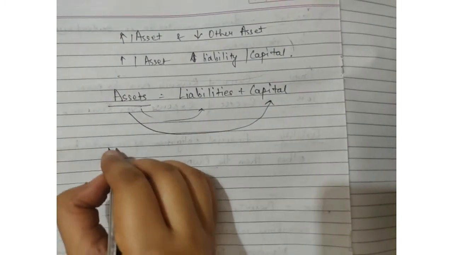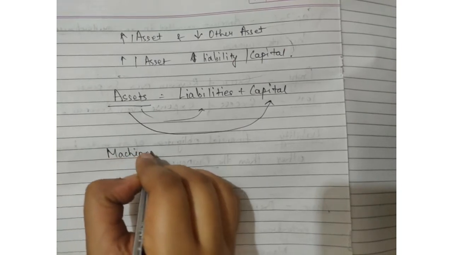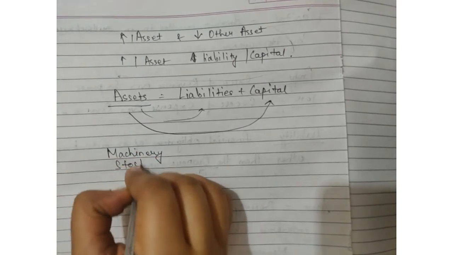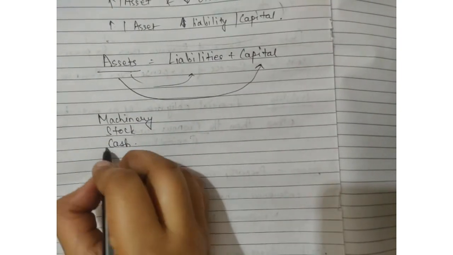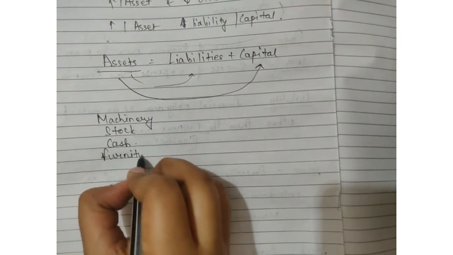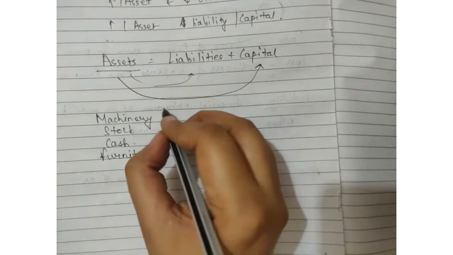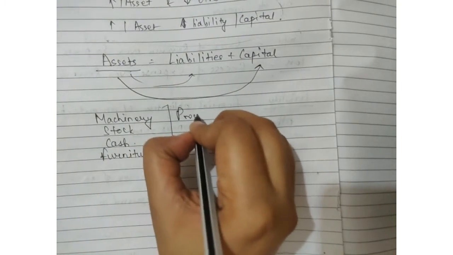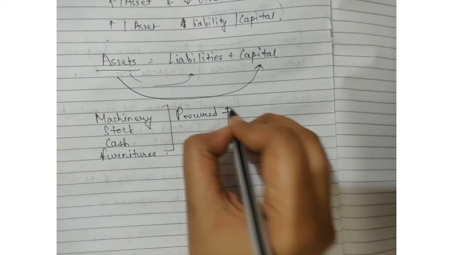Say you have assets: machinery, stock, cash, furnitures, etc. So these can be procured by one of the two ways.